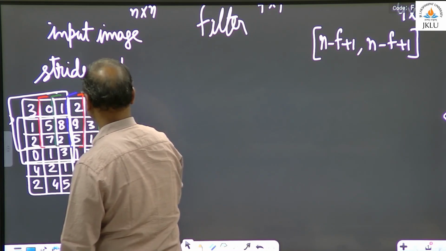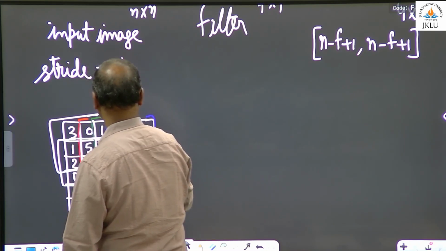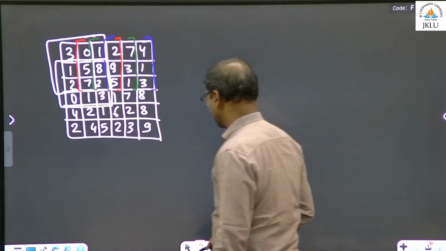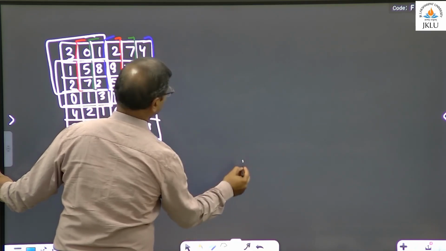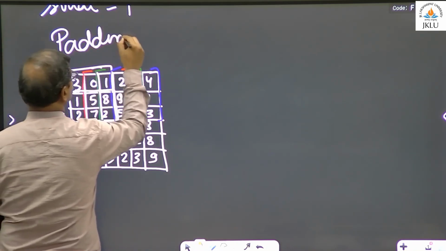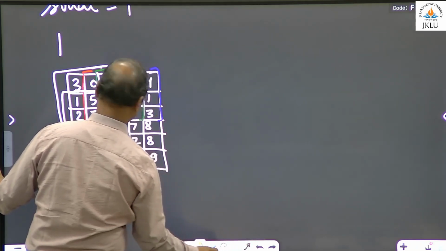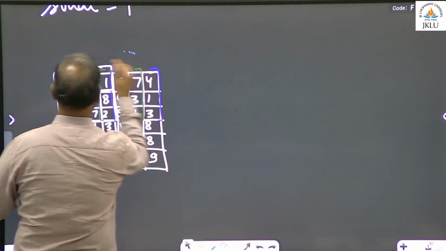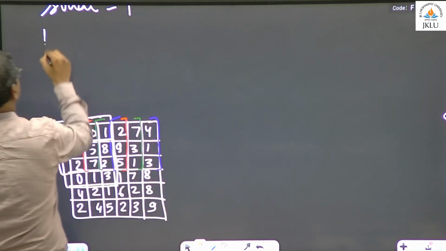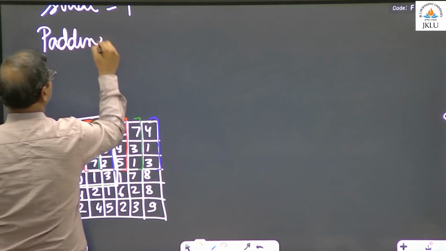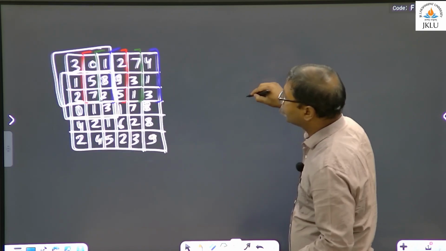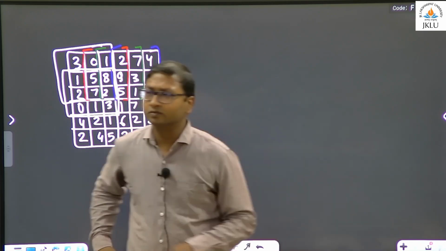Now tell me one more thing. So this was convolution. Now if you take something called padding, what do you do in case of padding in general?